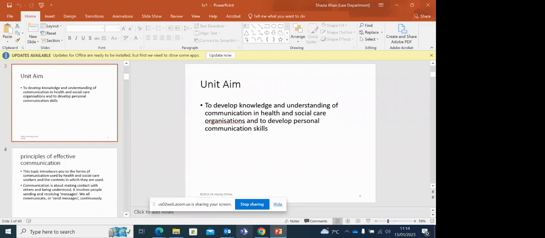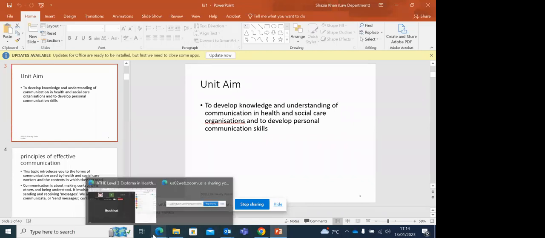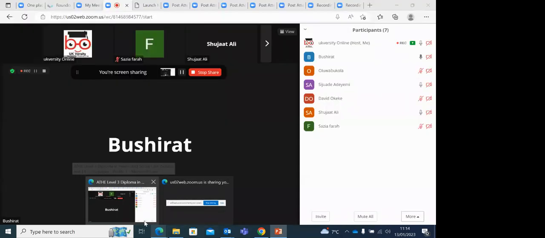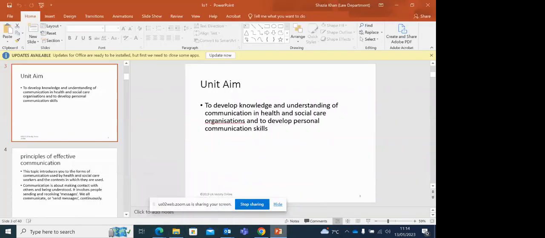Between who? I think between the co-workers and the people, it could be between the patients, between the doctors, it could be everyone. So it's anyone in the organization, to try to develop your communication skills, because they're so important.